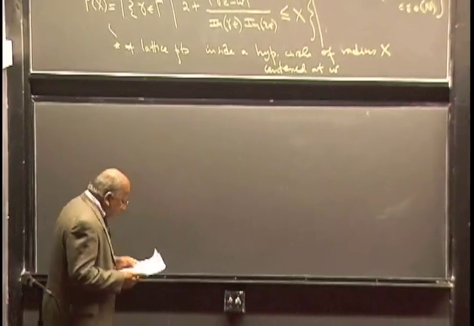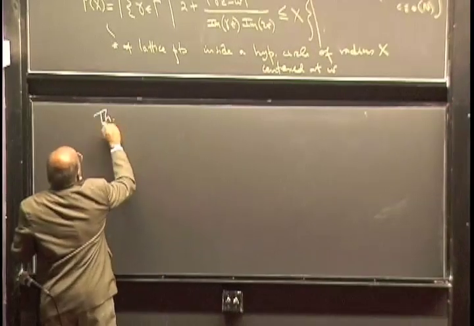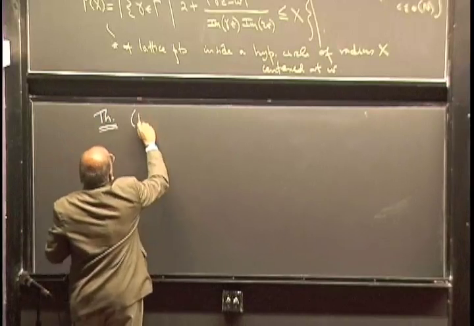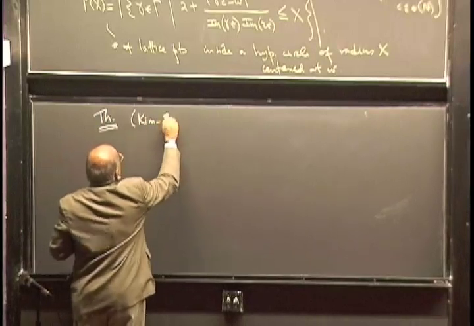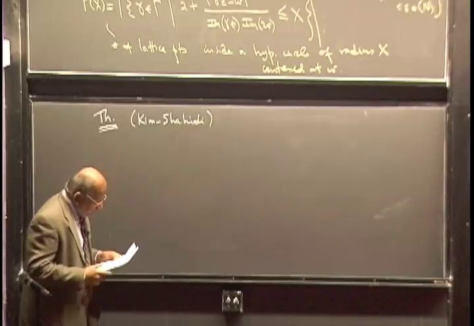The point is that the theorem, now, is due to the work of Kim and Shahidi. I think it's a very beautiful result. Not many people seem to know this.